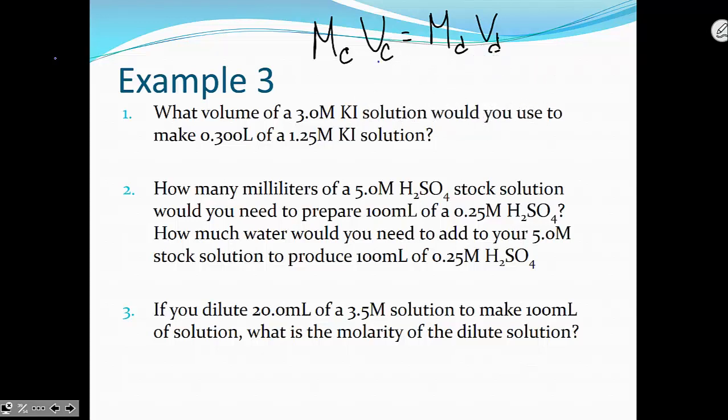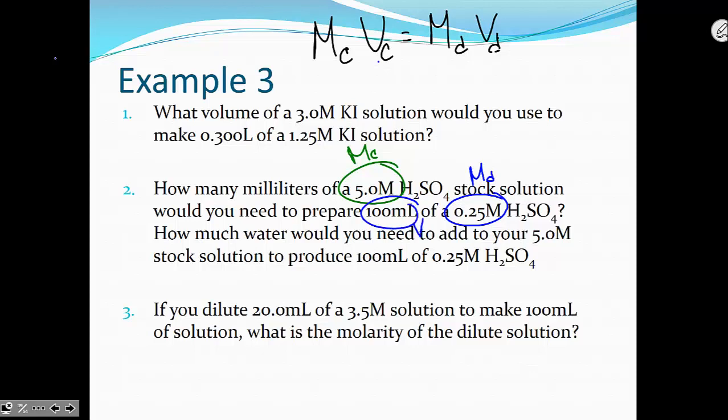How many milliliters of 5 molar sulfuric acid solution is needed to prepare 100 milliliters of 0.25 molar? 0.25 is way less than 5. So 5 must be my concentrated molarity. 0.25 is my diluted molarity.